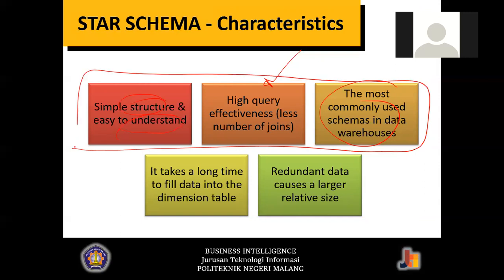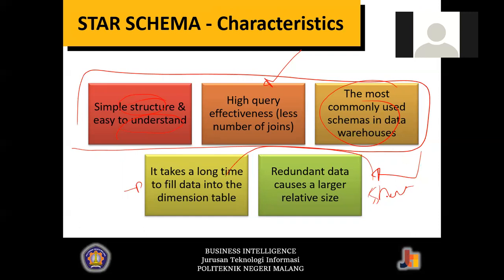And the disadvantage of using the star schema is that it takes a long time to fill the data into the dimension table, and the data redundancy causes a larger relative size. This is compared to the snowflake.